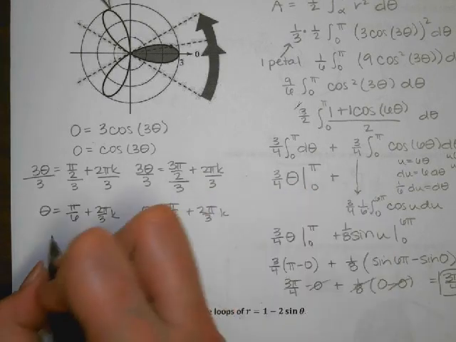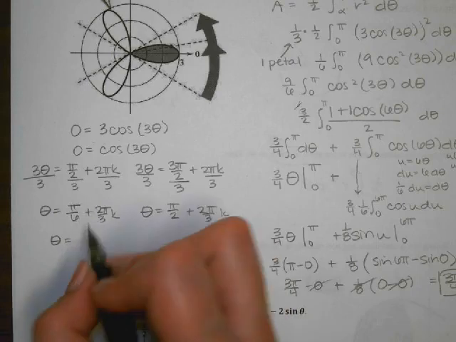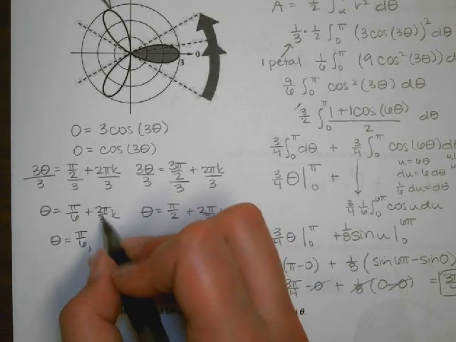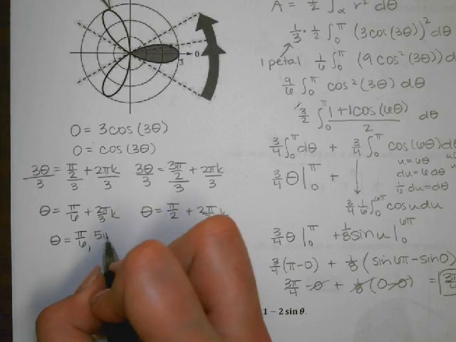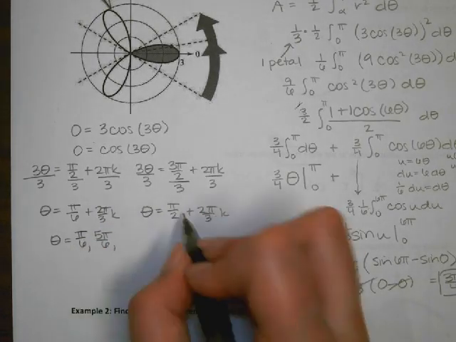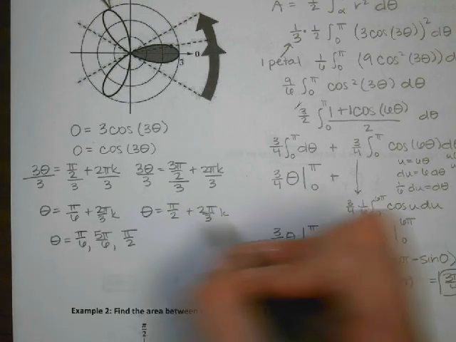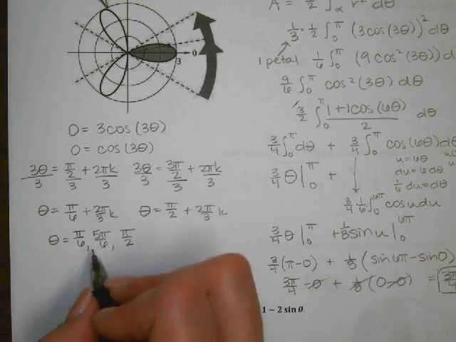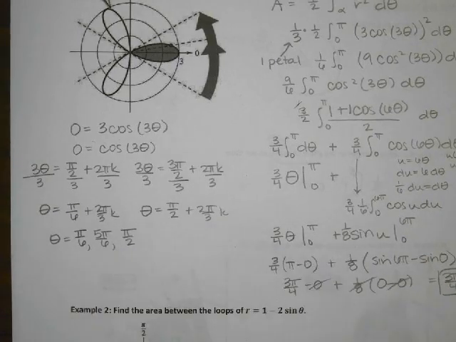All right, so that means the intersections are at pi 6. If I add 4 pi 6 to that, I get 5 pi 6. And then I'm only going from 0 to pi, so that one's done. Pi halves plus 2 pi thirds would be bigger than pi. Okay, so these are the 3 places where you can see those petals being formed.